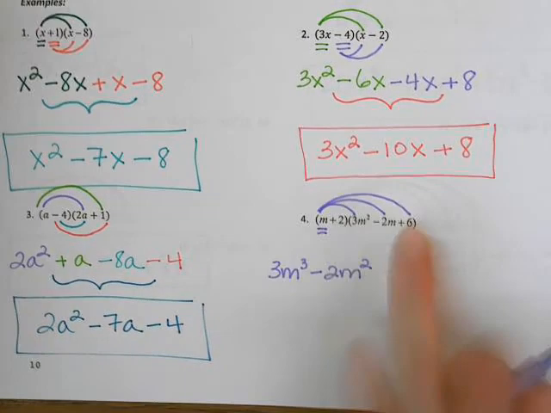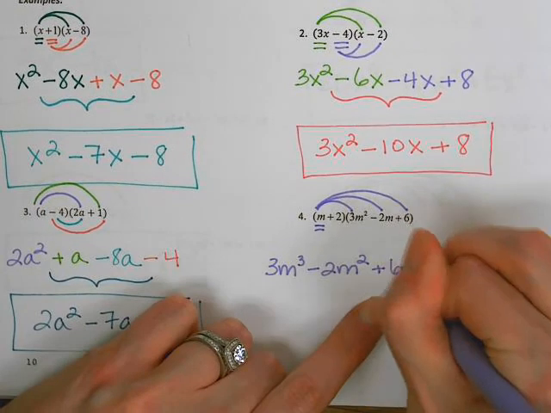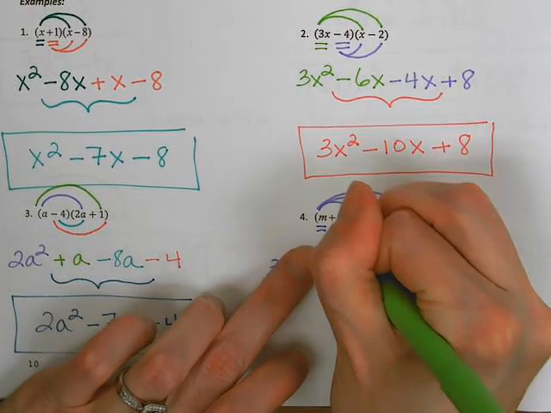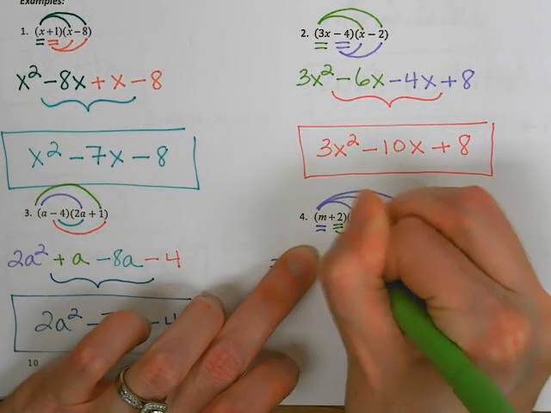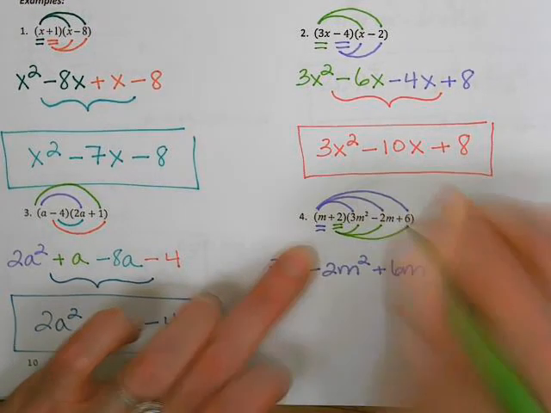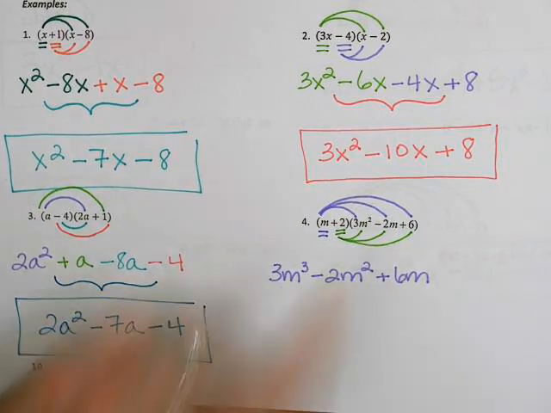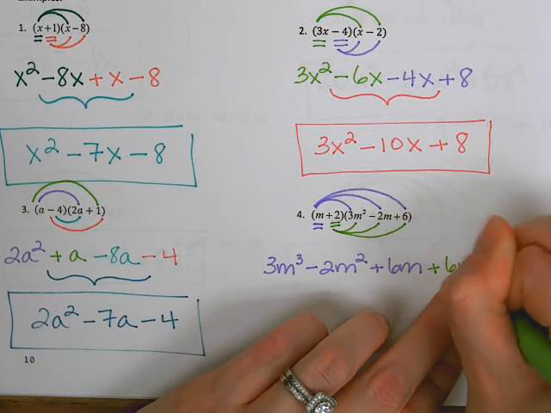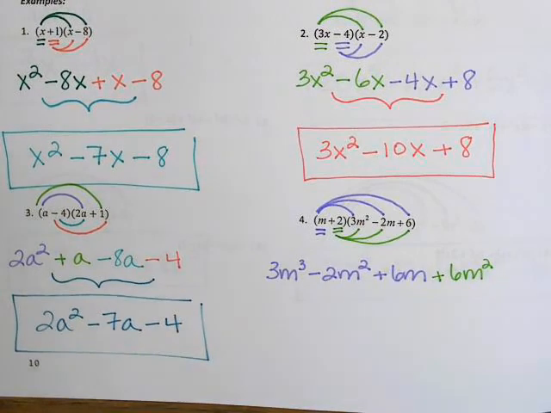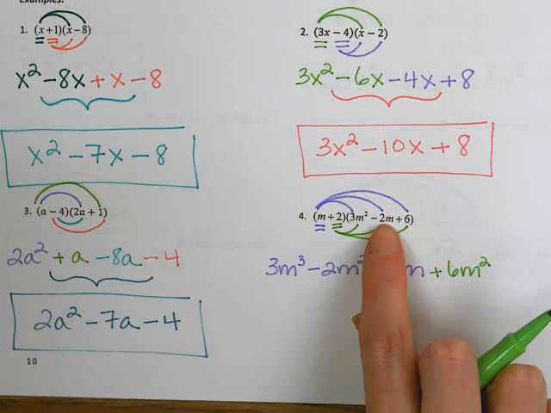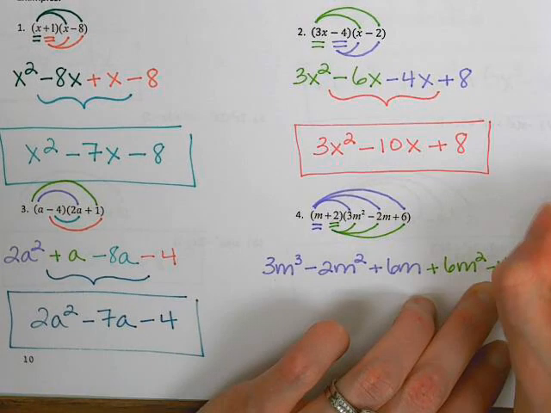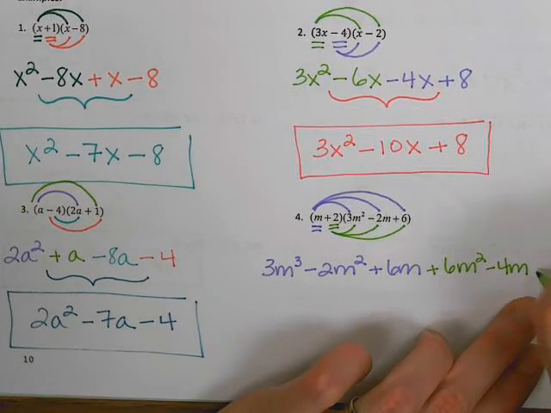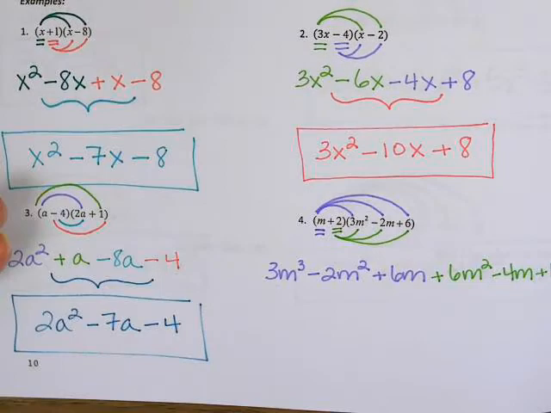And m times 6 is 6m. Okay, now take the 2 and you're going to triple distribute it to all of these. So 2 times 3m squared is plus 6m squared. 2 times negative 2m is negative 4m. And 2 times 6 is 12.